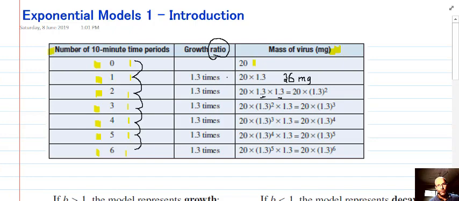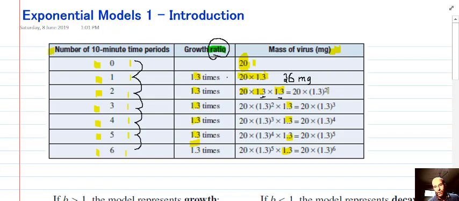So it's a multiplier, a growth ratio, and therefore we have an exponential situation when there's a fixed growth ratio. Each time we have 1.3 times as many of these viruses as last time. So we can see some patterns. It's the initial 20, that's the initial amount. Firstly, it's times 1.3, then it's times 1.3 times 1.3 from the start.